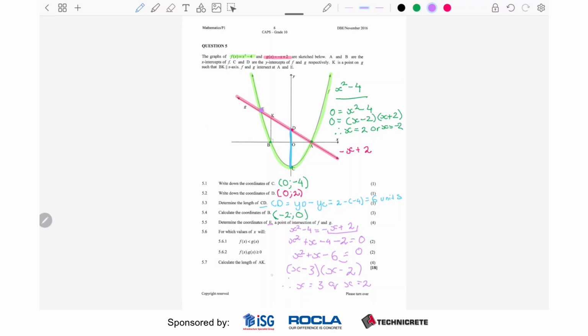Now, since we know D is (0, 2) and E is significantly higher as compared to D, it's not on this, so it can't be x is equal to 2. Therefore, x has to be equal to 3. So once we have that equation, I'm going to plug it into my straight line.